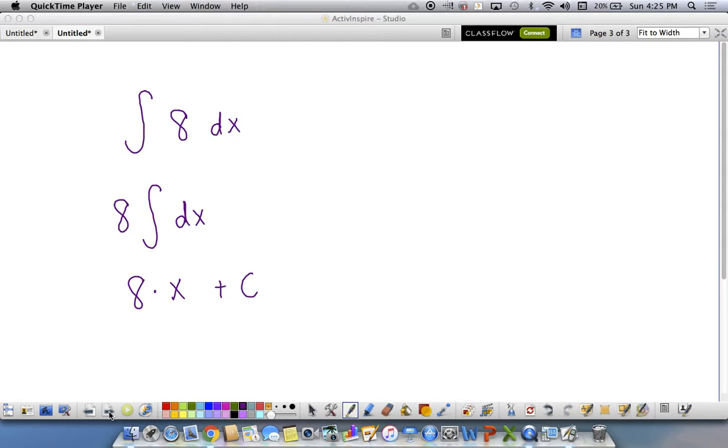Sometimes this is going to help us when we have other things going on, when we need to pull a constant out. It might not always be obvious. So if you have something like, we want to find the derivative of 4x squared. If we have 4x squared and I ask you to find dy dx, what are you going to tell me?